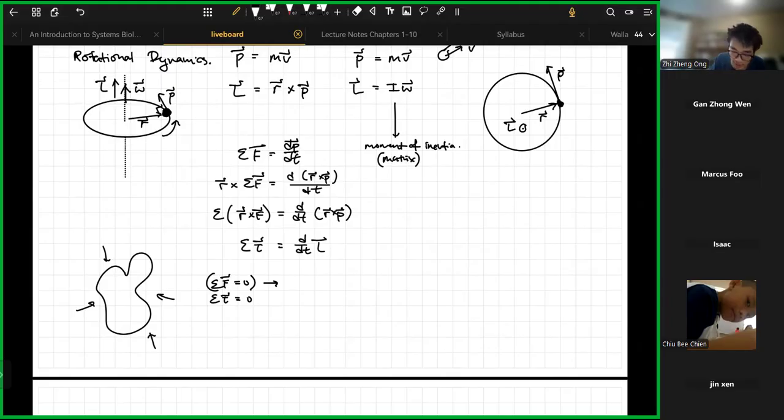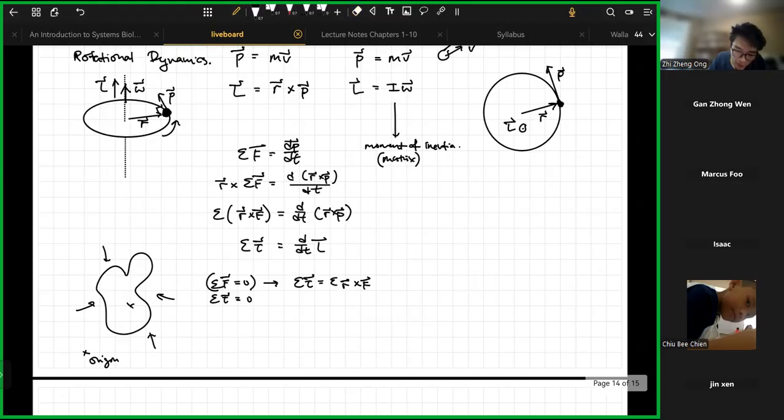Since the sum of torques is just r cross F, if initially I choose this as my origin, and then suddenly I choose this, I'm just choosing two random points right now.